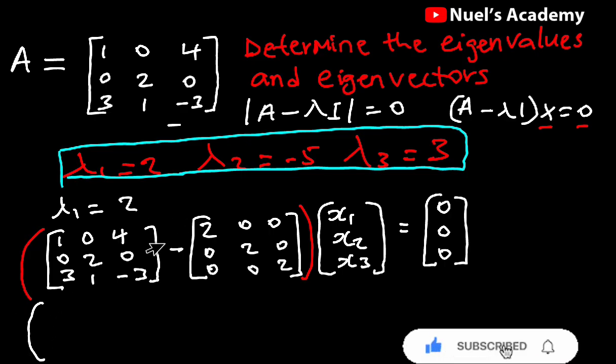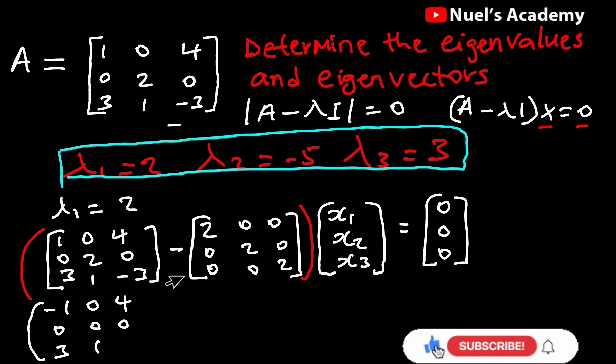1 minus 2 is equal to minus 1. 0 minus 0 is equal to 0. 4 minus 0 is equal to 4. Then 0 minus 0 is 0. 2 minus 2 is 0. 0 minus 0 is 0. 3 minus 0 is 3. 1 minus 0 is 1.